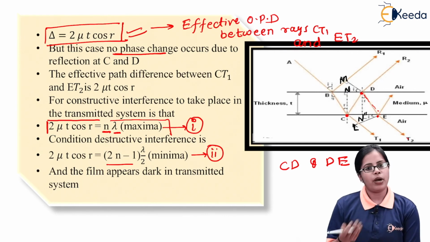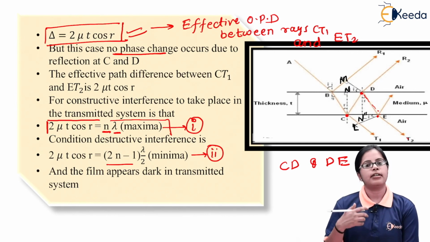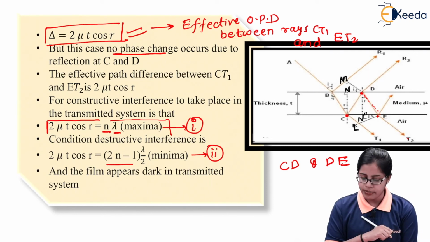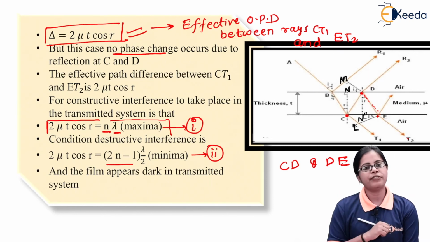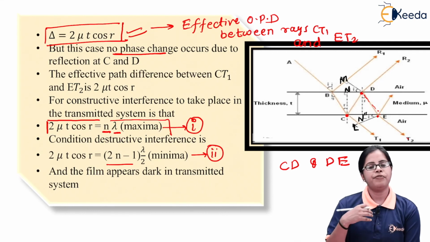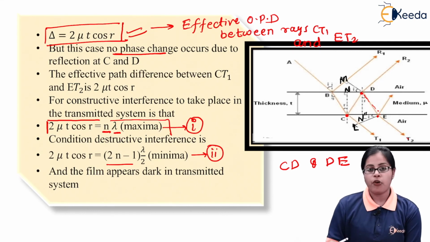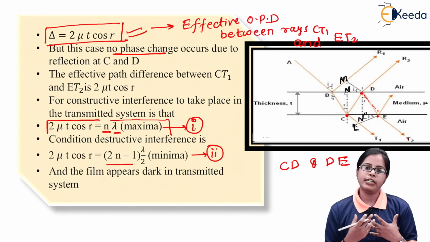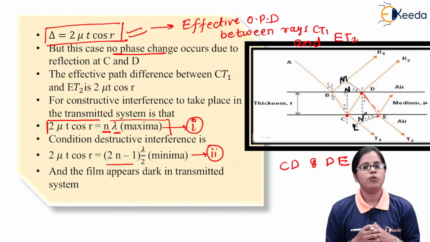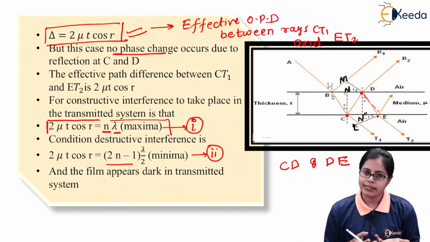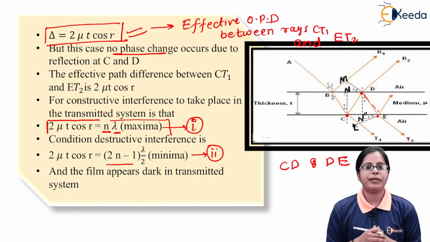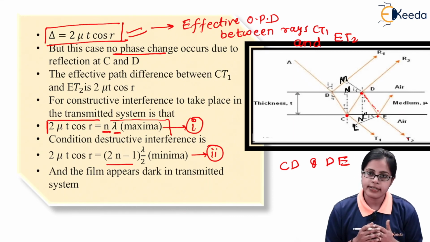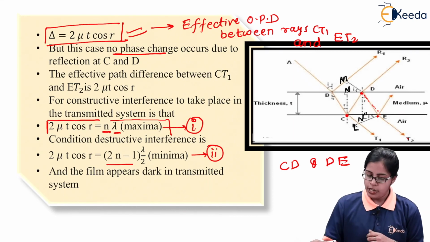So equation 1 gives me the condition for maxima for the transmitted system, and equation 2 gives me the condition for minima for the transmitted system. Once we obtain these two conditions, we can know when we are going to obtain maxima and when we are going to obtain minima. But obviously all these conditions are considered for the transmitted system.